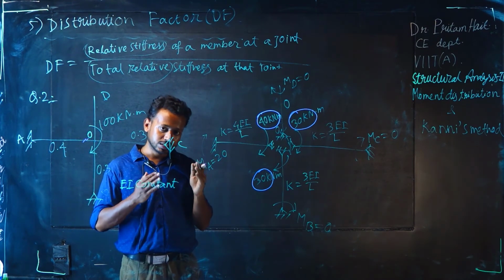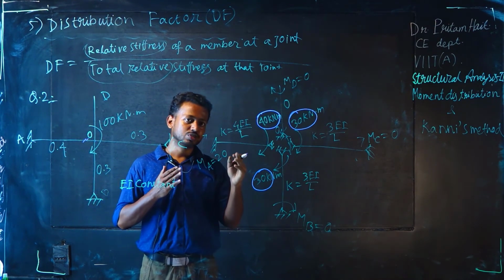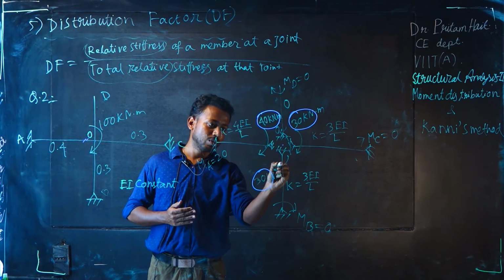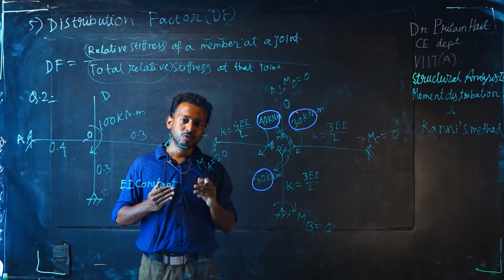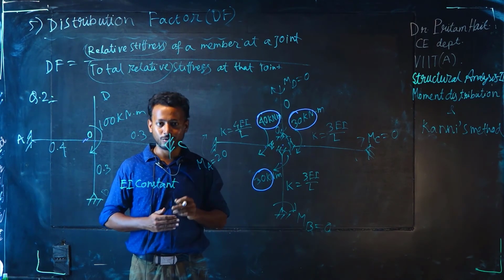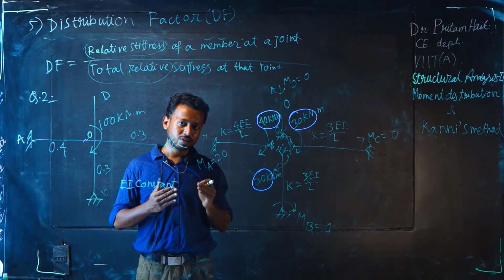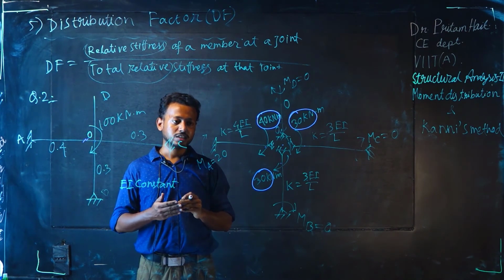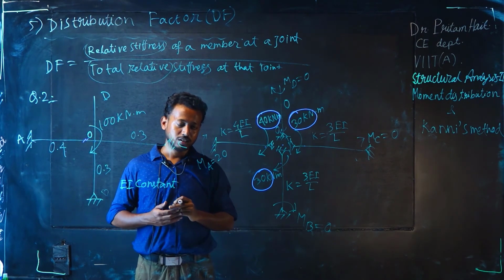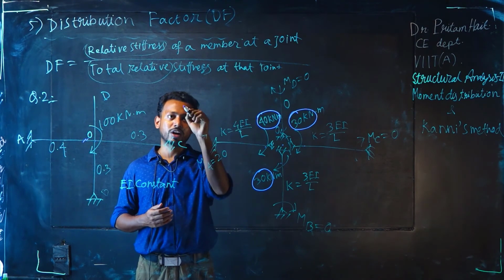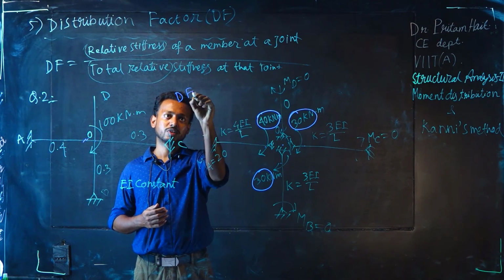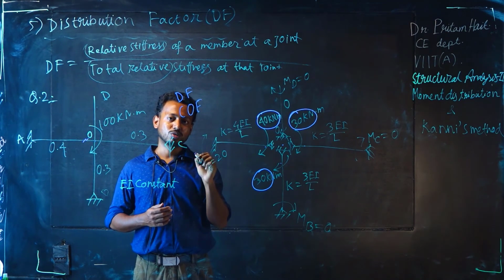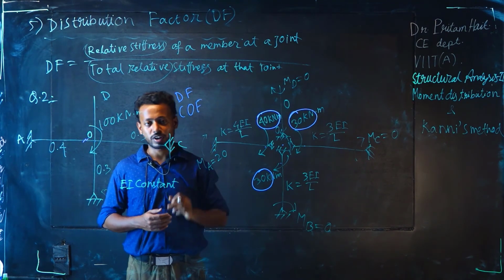Now, using the distribution factor, I have transferred the applied moment to the particular member. Now, the question is, what is the carryover moment? Using the carryover factor, I can calculate the carryover moment to the individual member. Now, I have two factors: one is the distribution factor, one is the carryover factor. So, don't confuse between these factors.